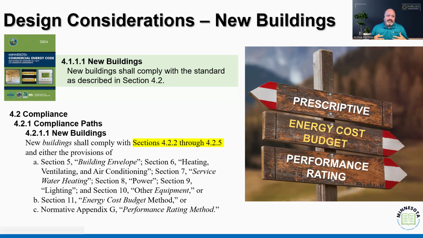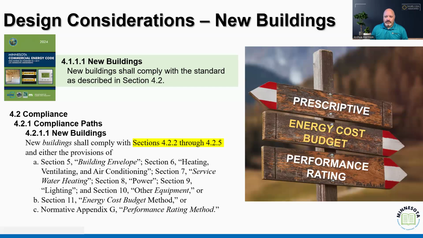Prescriptive is what people tell us: give me the table, tell me what to do, and I'll do it. That is prescriptive compliance. Prescribe to me the requirements, and I'll complete those requirements. That's one option, and as we see, that goes through a variety of different expectations.